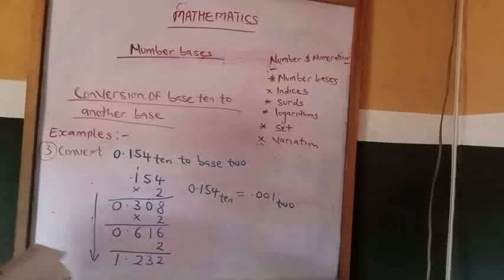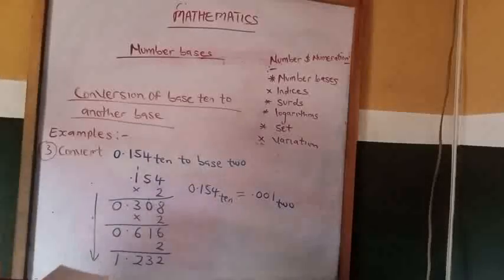So let's move to the combination of whole number and decimal number.